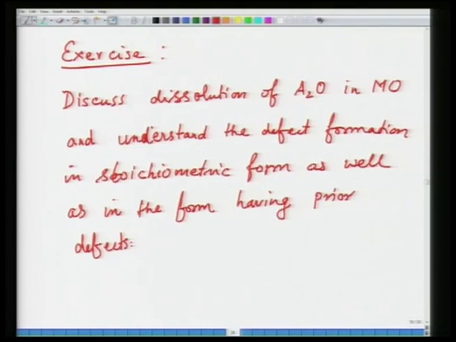So, this I will leave it to you to work out yourself, and that will make it clear what happens when you put oxides of different valence in parent lattice. So, I will just leave it to you at the moment. The solutions of these will be provided in extra sheets, or some reference will be provided for these if you want to go through them.